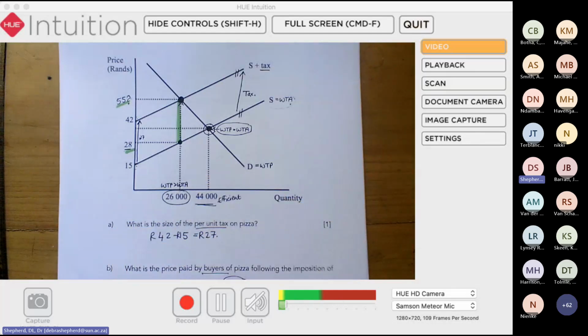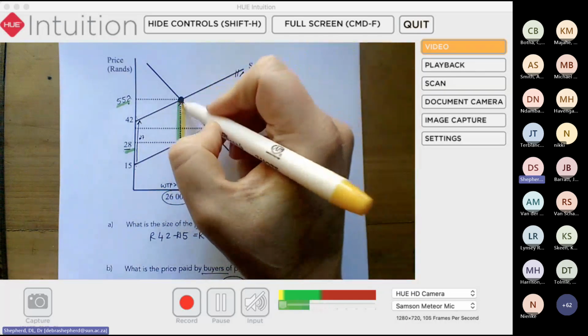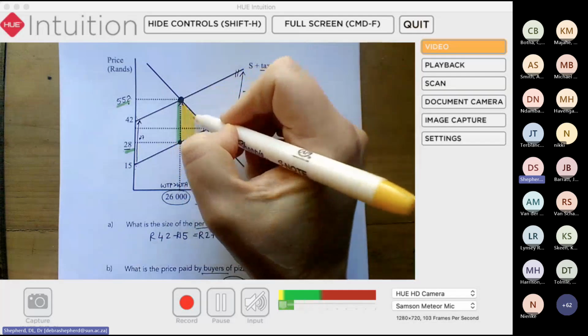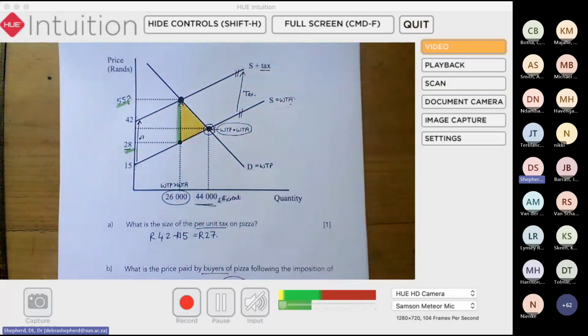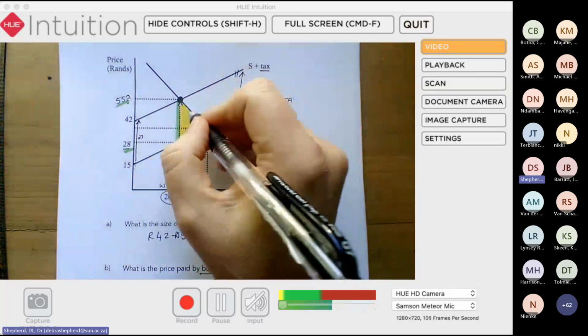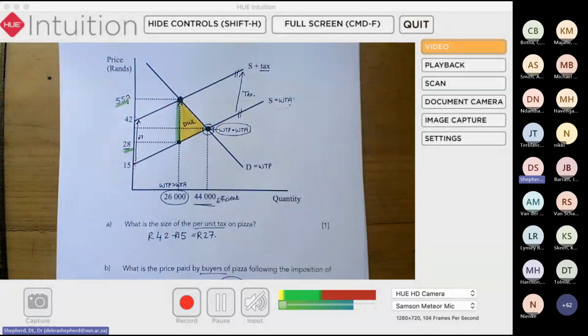And so there are unexploited gains from further trade that would occur if we could still trade pizza beyond 26,000 up to the efficient quantity of 44,000. And so this yellow triangle here represents the deadweight loss due to the tax.